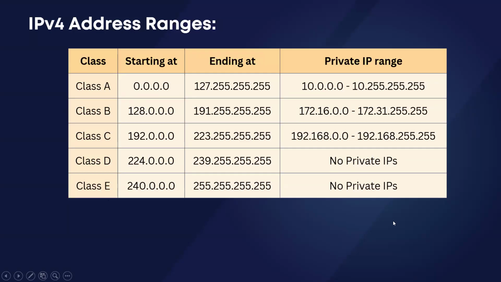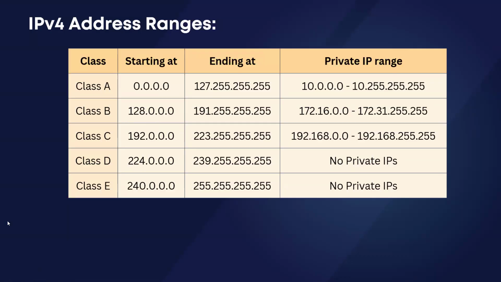When you talk about the individual ranges, class A starts from 0 and goes all the way up to 127.255.255.255. Since this is ending at 127, class B starts at 128.0.0.0. So all the 255s cycle back to zeros and the leftmost octet increments by 1. Therefore class B starts at 128.0.0.0 and goes all the way up to 191.255.255.255.